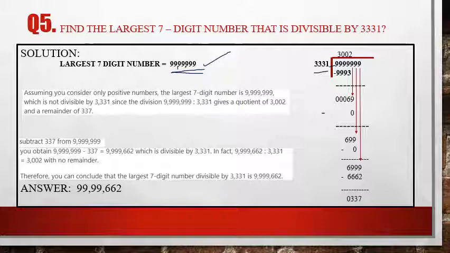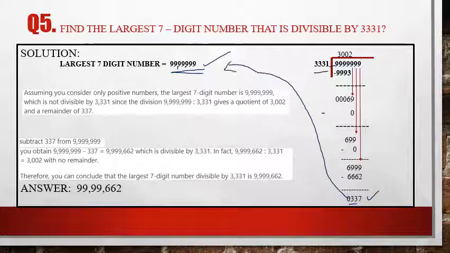But here you can see the remainder is 337. That means 99,99,999 is not a 7-digit number which is exactly divisible by 3,331. So from the largest 7-digit number, we will subtract this remainder.